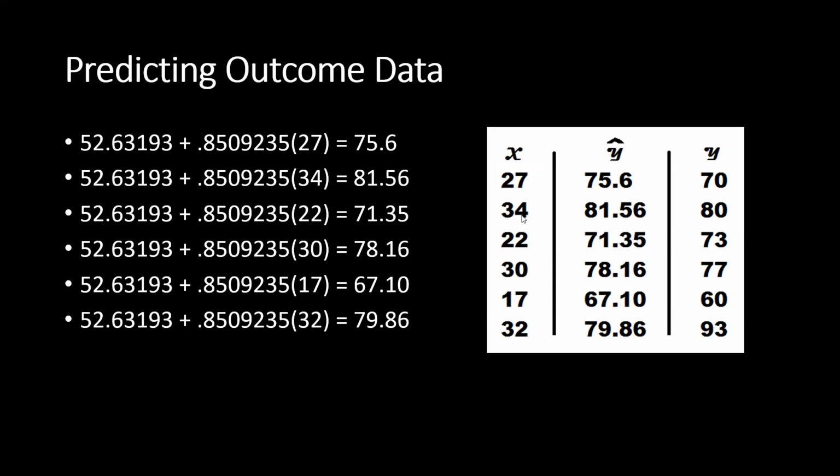If we do the same for this next value of x, 34, we multiply it by 0.851. And then that product, if we add that to 52.632, we get the predicted value of 81.56.